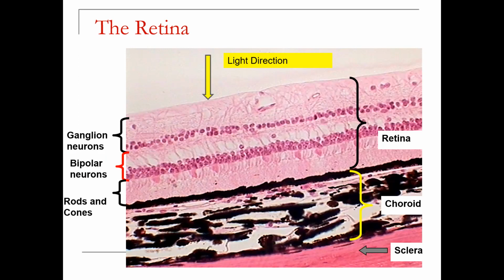But if the rods and cones were first instead of last, a lot of that heat would not be dissipated properly, and it may likely affect our vision. But because the rods and cones are where they are, the heat energy released as the photoreceptors are stimulated is easily dissipated. So just a little factoid.